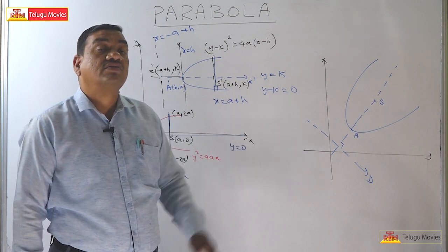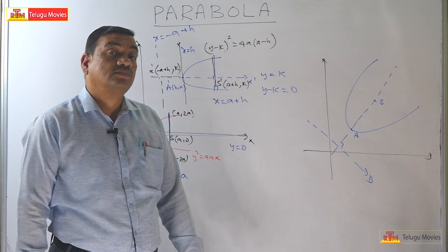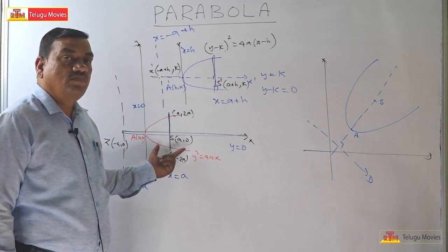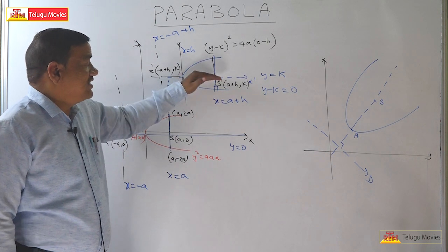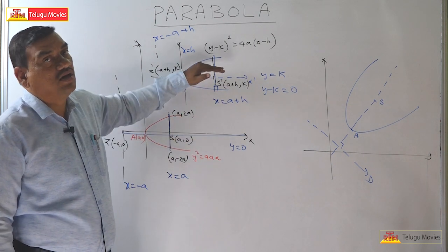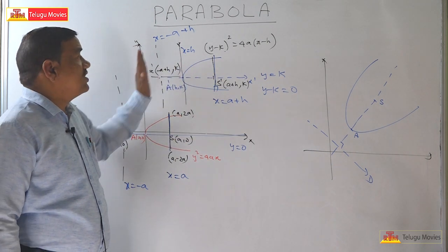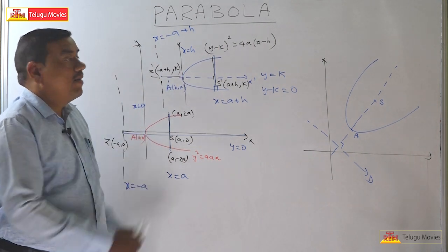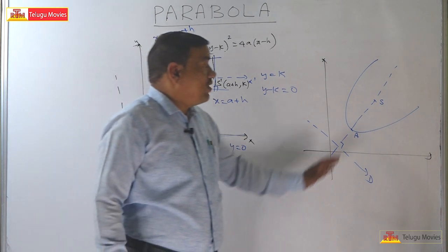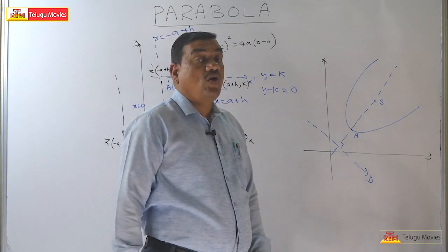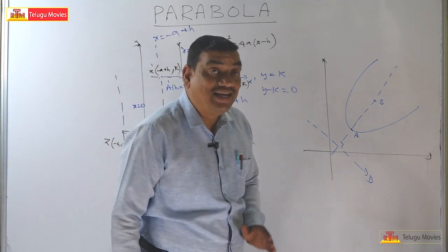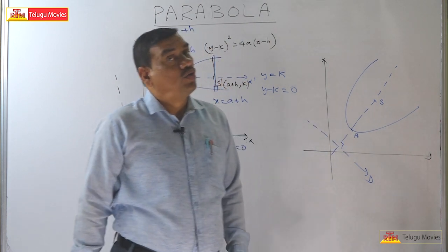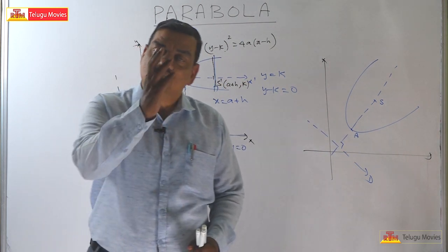Yes, it will also have an equation. The earlier parabolas have standard forms because their axes are either the x-axis or parallel to it, the y-axis or parallel to it. So we have standard equations. But what is the equation of the parabola whose axis is neither parallel to the x-axis nor parallel to the y-axis? Okay, now let us see that.